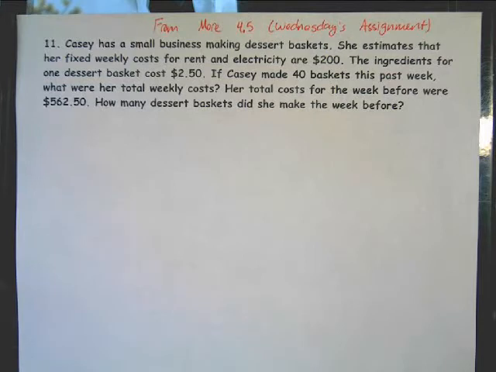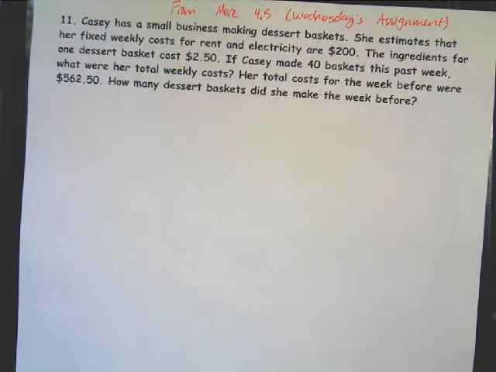Okay, so the main idea is similar to what we've been doing earlier in the week, which is to identify our x and y-intercepts and our slope. If we can do that, we'll be good to go.